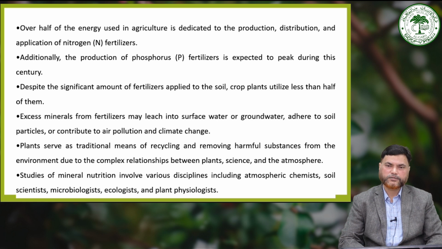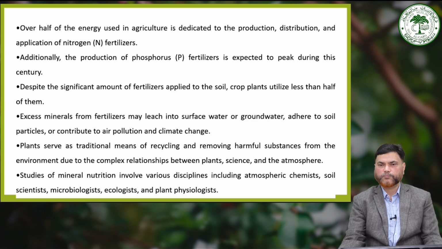However, despite the substantial investment in fertilizers, crop plants utilize less than half of the nutrients applied to the soil around them. So, utilization efficiency is at present how much? Only 50%.